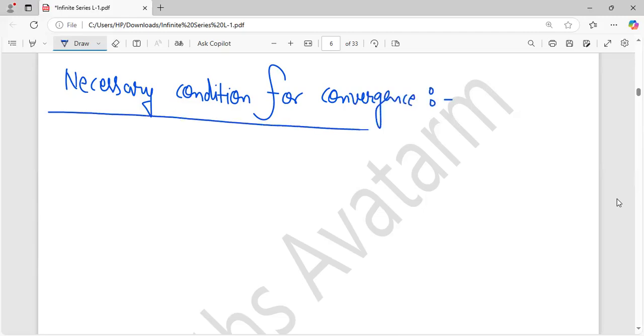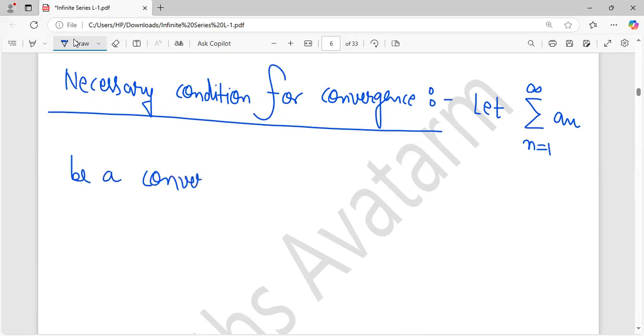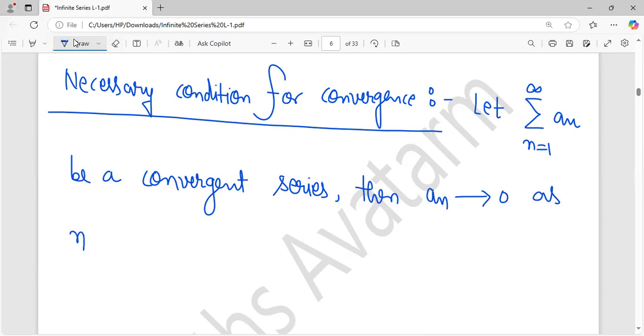Let summation n goes from 1 to infinity a n be a convergent series. Then a n tends to 0 as n tends to infinity.